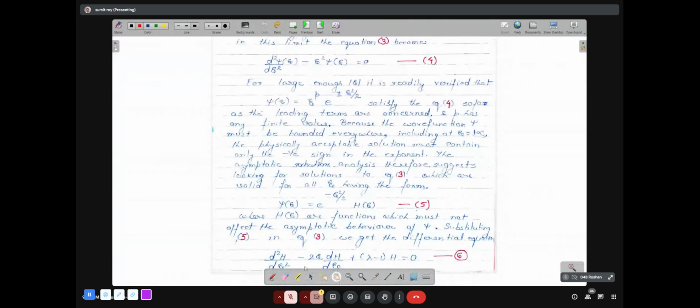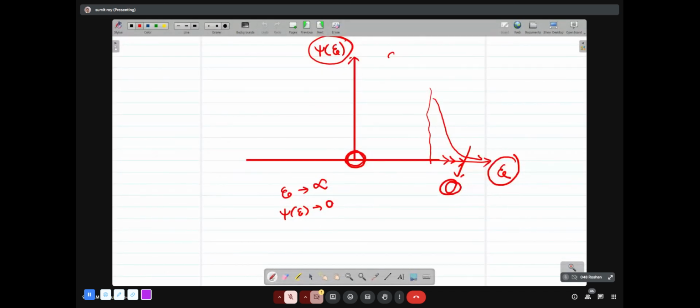प्लस टर्म हटने का रीजन बहुत सीधा ही है. आप लोग बहुत फोकस्ड नहीं सुने होंगे. The only requirement is that when zeta tends to infinity, psi of zeta must tend to 0. If you take this term exponential plus zeta square by 2, then when zeta tends to infinity, this is positive, so the wave function will also tend to infinity.